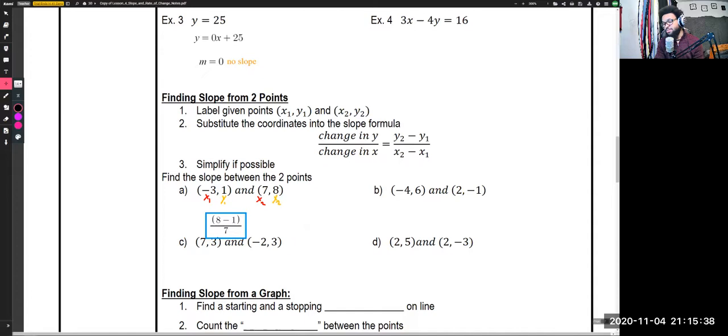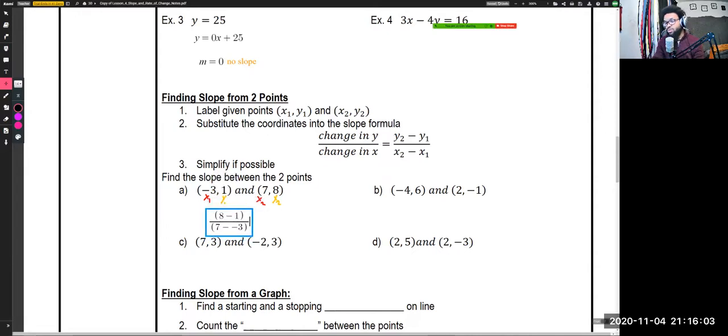Let me put this bottom one in parentheses as well. 7 minus my x1, and I have a negative minus a negative 3, okay? That looks kind of funky, but when we have minus and negative, what is that really? That becomes plus. Those two minus signs come together to make a plus sign. So really this is 7 plus 3.